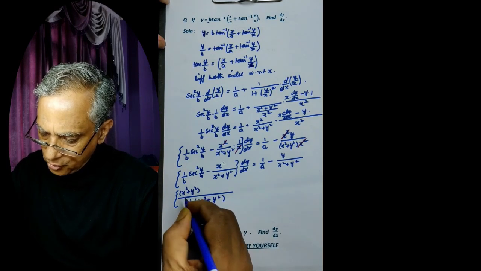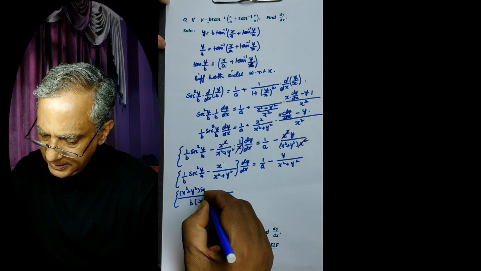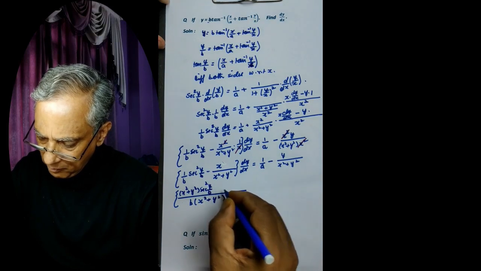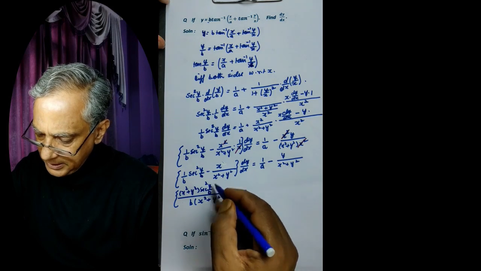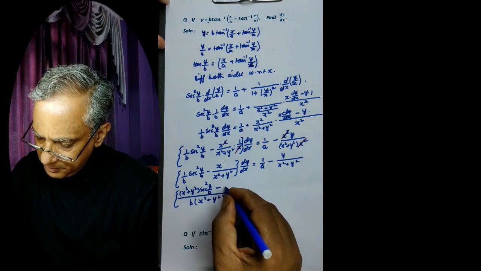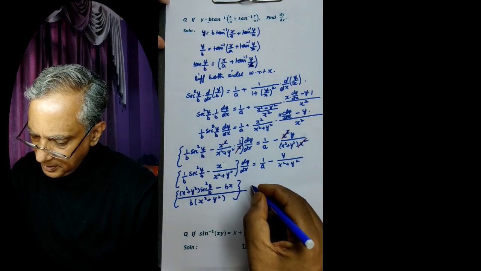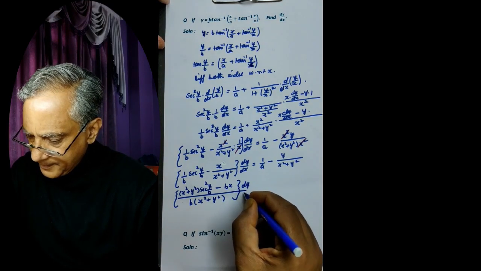So this will be x square plus y square into secant square y by b minus, now this and this cancel, we get b minus b x into dy by dx.